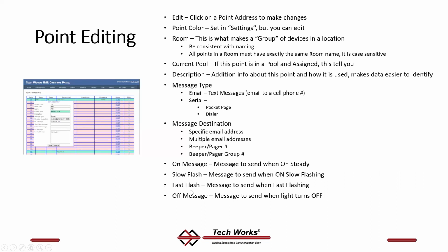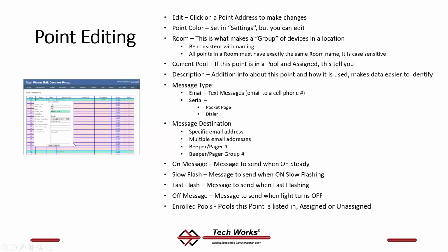When it goes from slow flashing to fast flashing, it'll send a different message. When it turns off, it'll send a different message. This is extremely useful if different staff responds to different signal levels. It doesn't have to be used that way. You leave them blank, it won't send anything. But if you put something in here, it will send it when that light changes to this state.